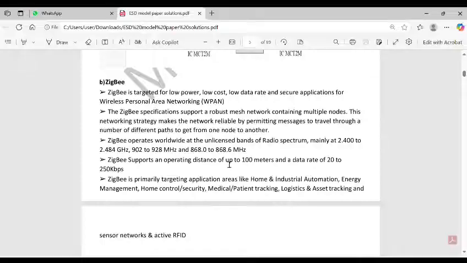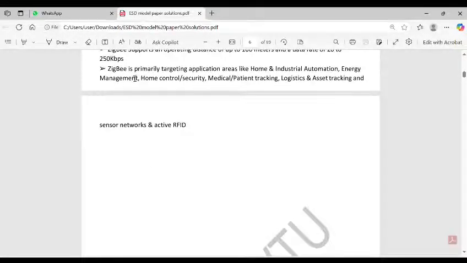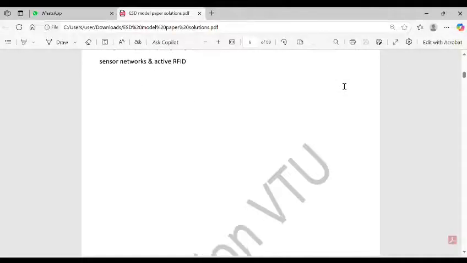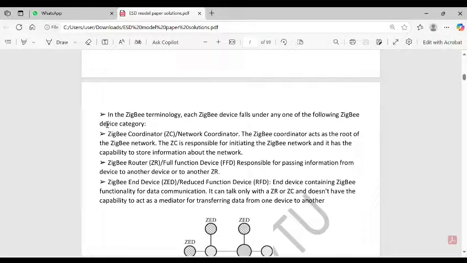The ZigBee supports an operating distance of up to 100 meters and a data rate of 20 to 250 kbps. ZigBee is primarily targeted at application areas like home and industrial automations, energy system, home control, security, medical patients tracking, logistic and asset tracking and sensor network and active RFID.